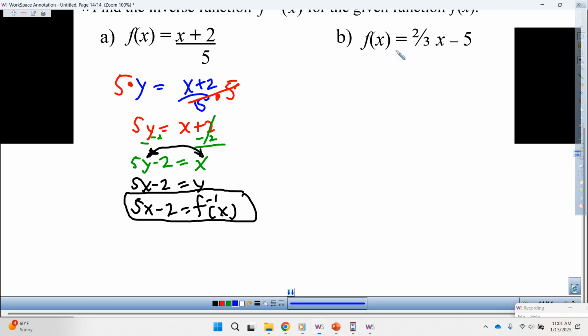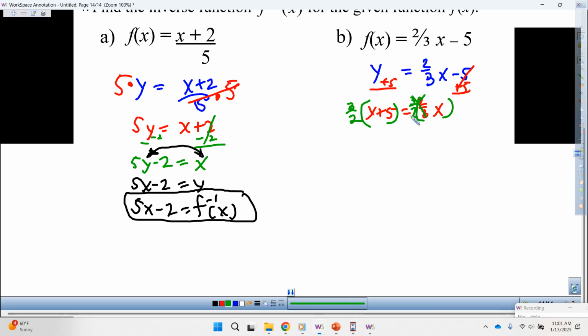All right, so then, again, second one, change to y: 2/3 x minus 5. From there, we add 5, add 5. y plus 5 equals 2/3 x. From there, we need to get rid of 2/3, so we multiply times the reciprocal, which is 3 over 2, both sides.